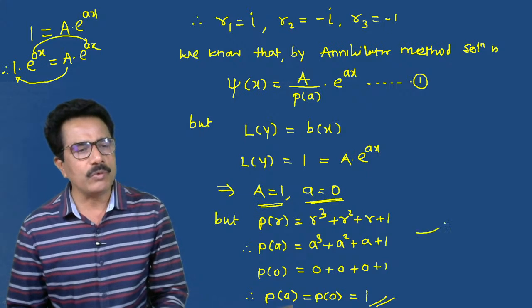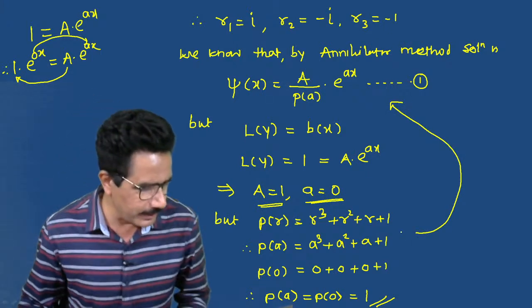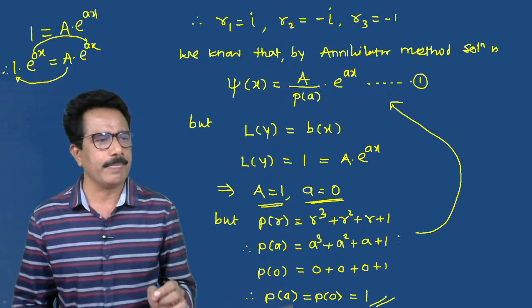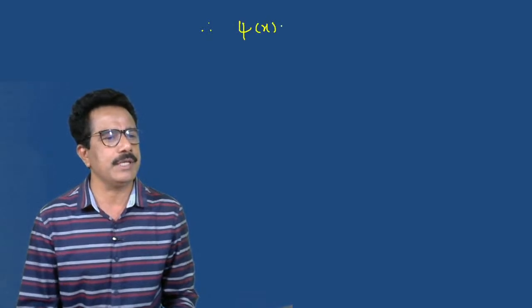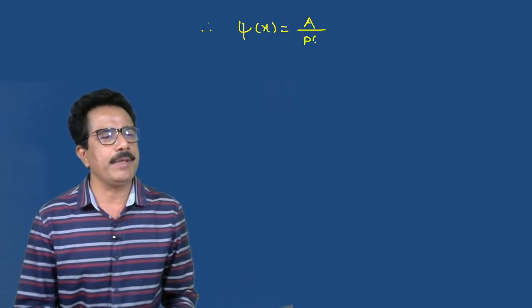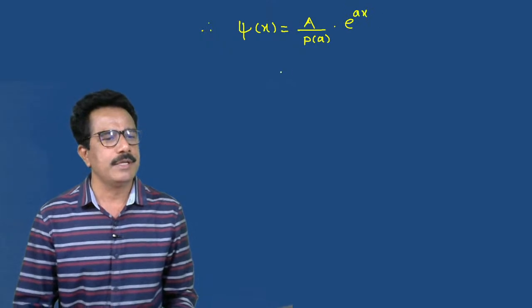Now we have to put all these values in equation 1. Then we get the particular solution psi of x equals capital A divided by P of a into e raised to ax.